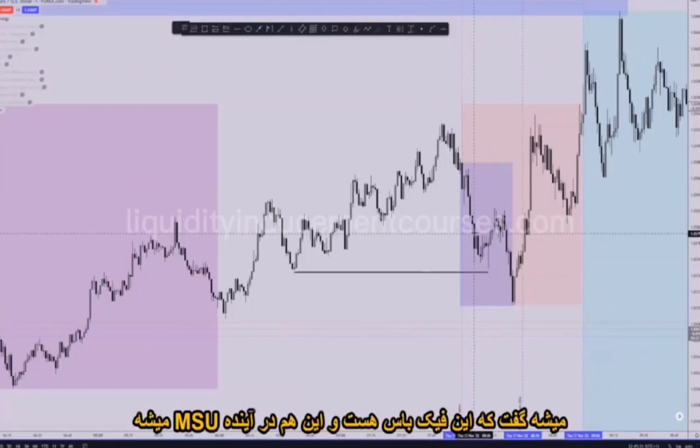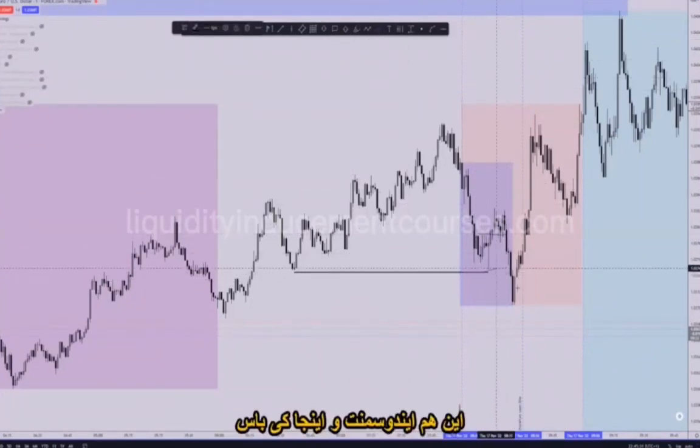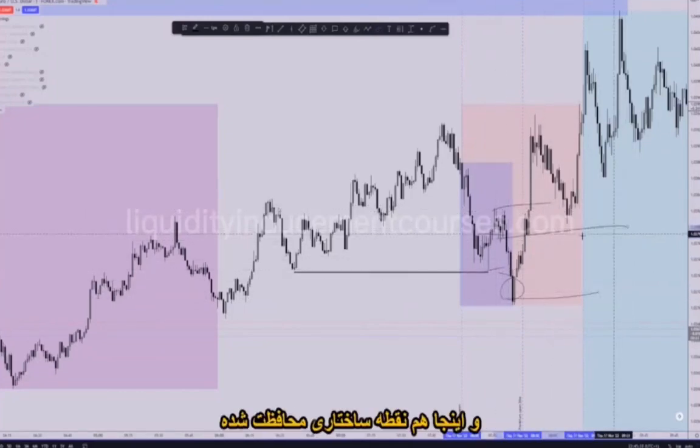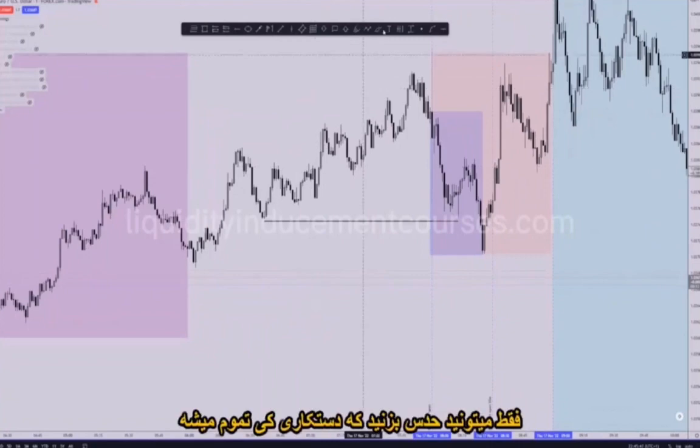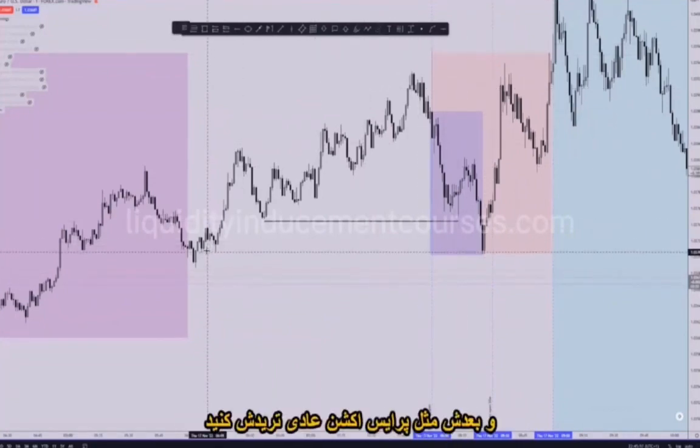You can say this is your FBOS, and this would become your MSU in future. This would become your inducement. This would become your key BOS, and this is your protected structural point. But yeah, you can only anticipate where the manipulation ends and trade it like a normal price action.